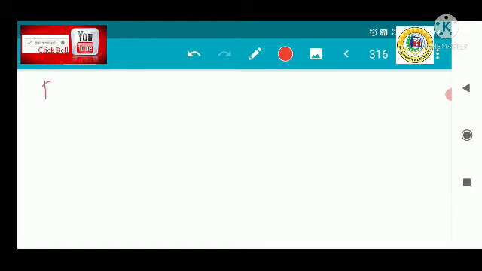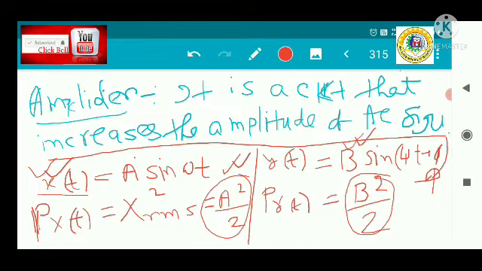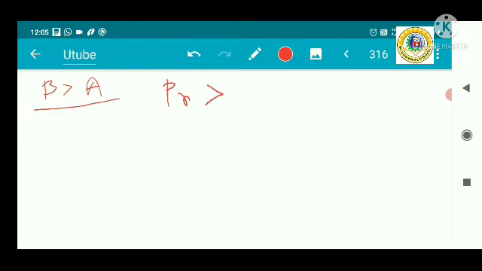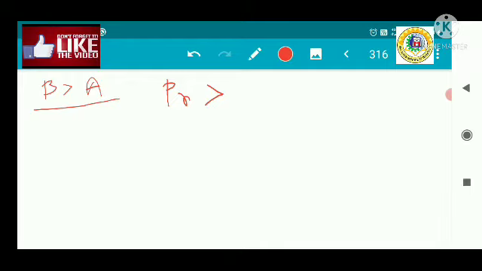Now suppose B, the amplitude of this signal, is greater than A. Then you can say that P_y is greater than P_x. So what we are trying to say here is that the amplifier increases the power of the AC signal also.